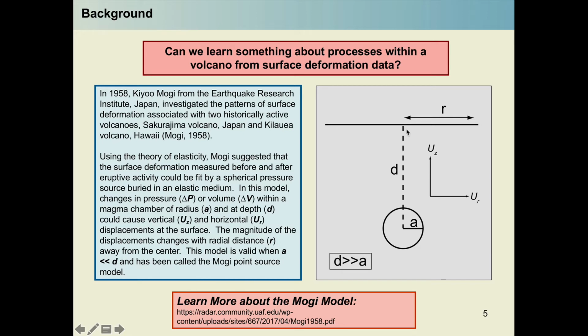So that would be basically the vent of the volcano. The magnitude of the displacements changes with radial distance away from the center. So this model is valid only when the depth to your magma reservoir is much greater than the radius of the magma chamber. So if you have a really shallow, really, really big magma chamber, the Mogi model breaks down.